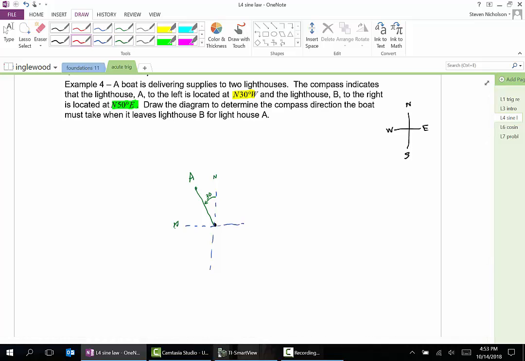So in this one right here, again, we're going to look north and we're going to rotate 50 degrees east. And this part is on there. So here's this idea of how to draw using compass directions.